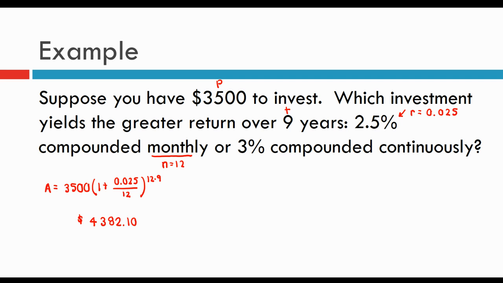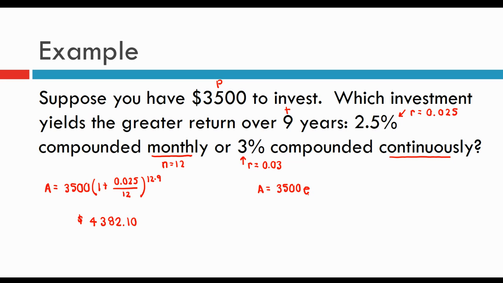All right, so there's that amount. Now we want to compare it to 3% compounded continuously. So 3% as my rate needs to be changed to a decimal. So I divide that by 100, move it 2 decimal places to the left. That would be 0.03. If we're compounding continuously, that means that we're using the PERT formula. So the P is still the same. We're talking about investing $3,500.